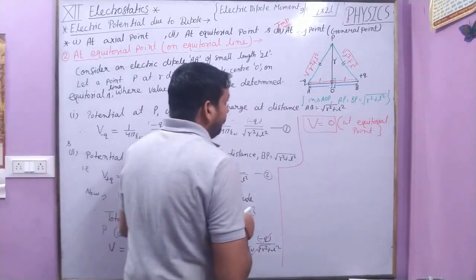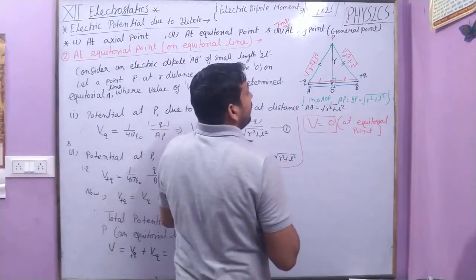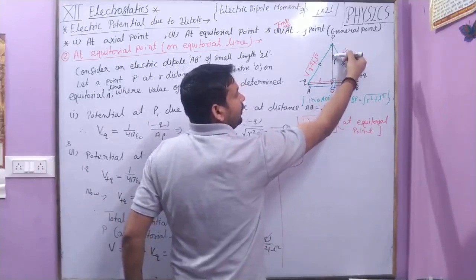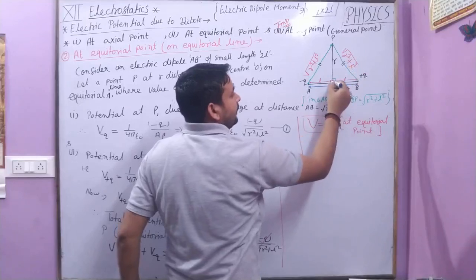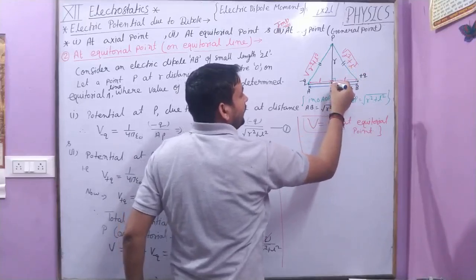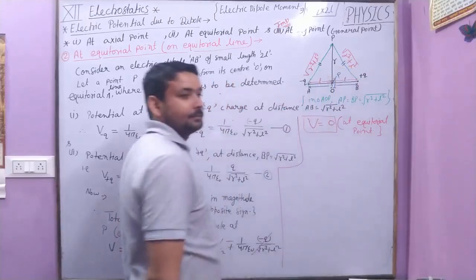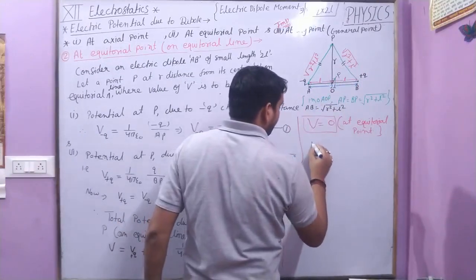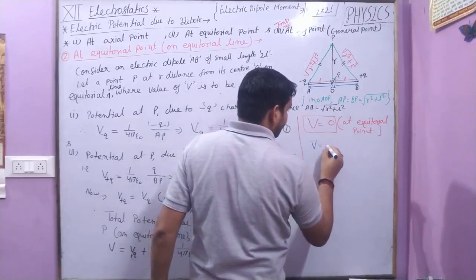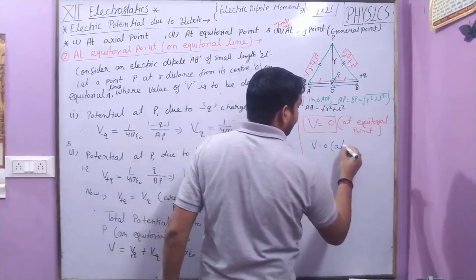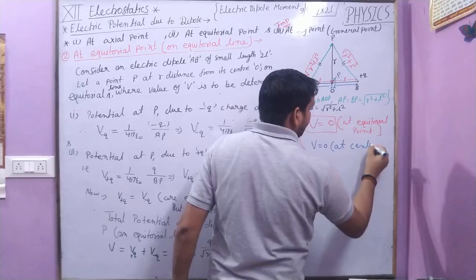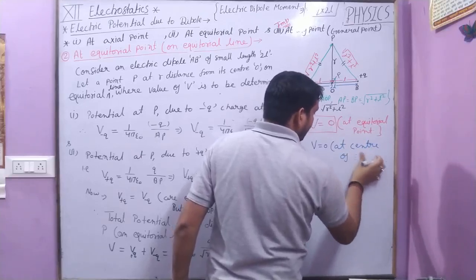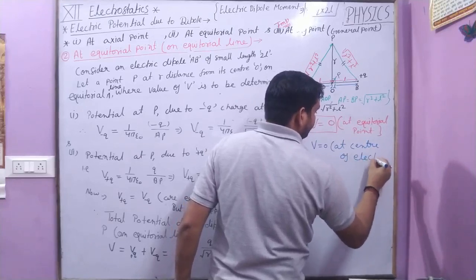So students, if we reduce the distance until the point P is at the center, again you will get the same result. V is equal to 0 at the center of the dipole, or electric dipole.